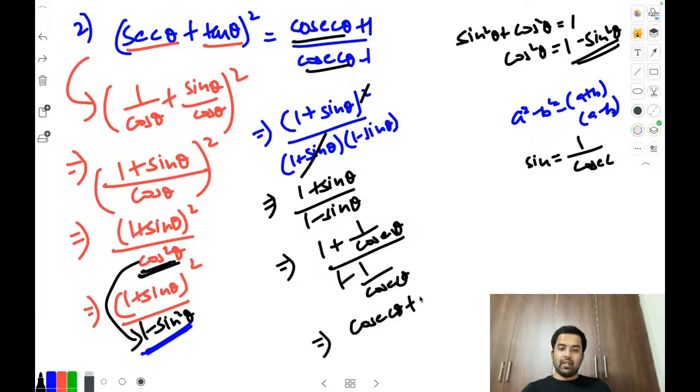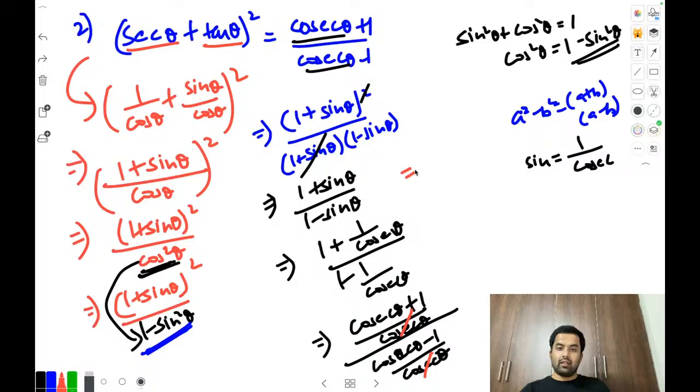Cosec theta plus 1 divided by cosec theta whole divided by cosec theta minus 1 divided by cosec theta. Okay, things will get cancelled here. Cosec theta got cancelled. Remaining I'm writing here: cosec theta plus 1 divided by cosec theta minus 1.